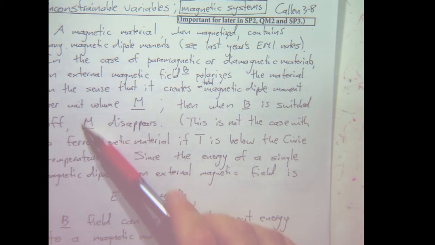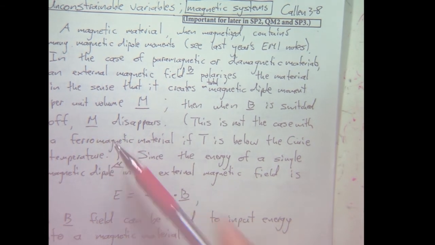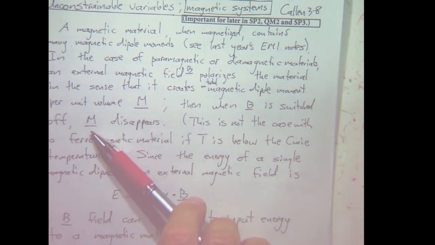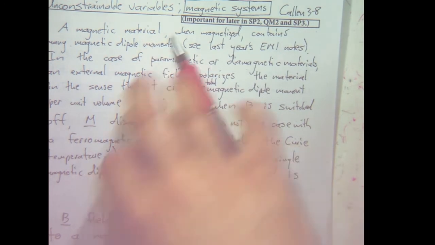Now this corresponds to the volume that we've been looking at, except that for one thing, you cannot constrain the magnetization. You cannot stop the dipole moments from aligning in a controlled way.